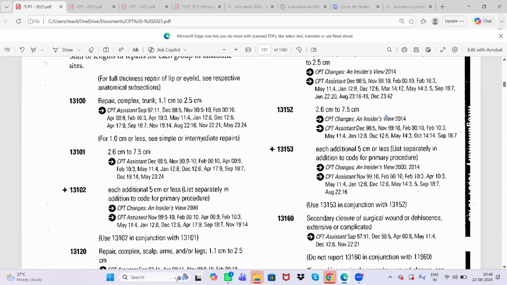The complex repair is done on the trunk, which is 15 centimeters. How are we going to code? 13101, and in addition an additional code, an add-on code. 13101 and add-on code 13102.